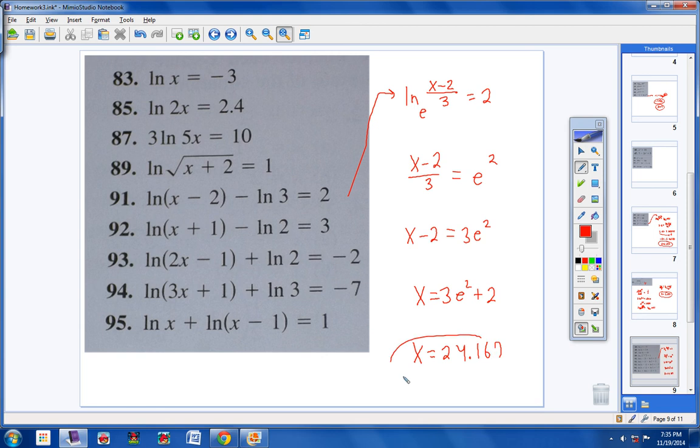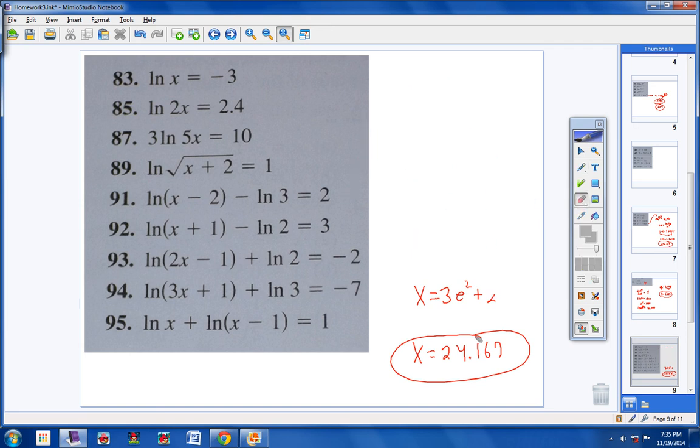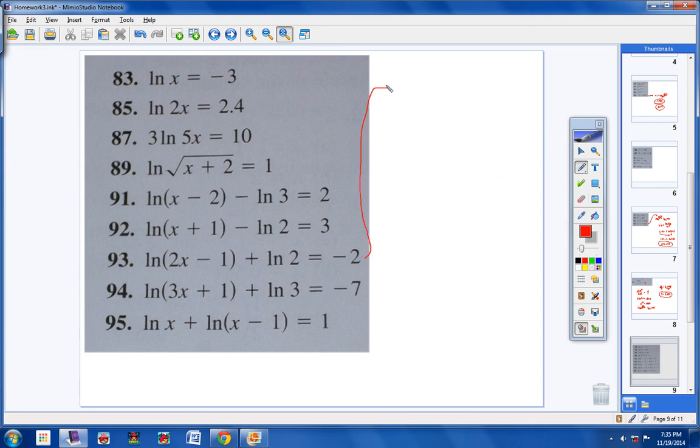Okay? Alright, number 93. Remember, guys, we're just doing the odds. Just the odds. So here we go. Now here in 93, we have two logarithms being added.